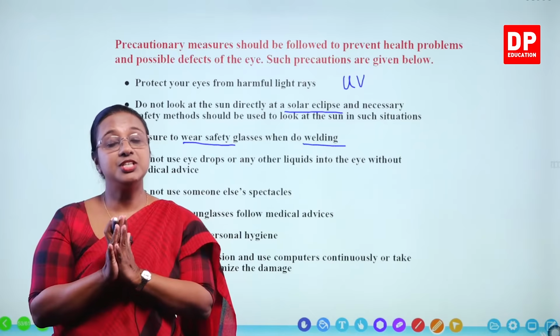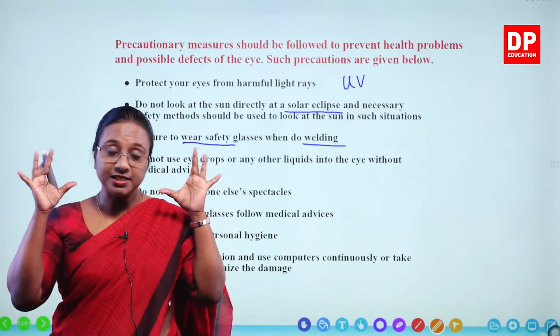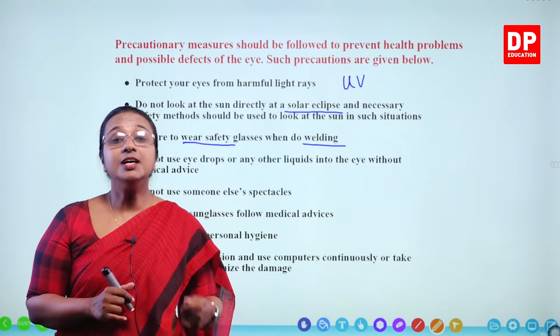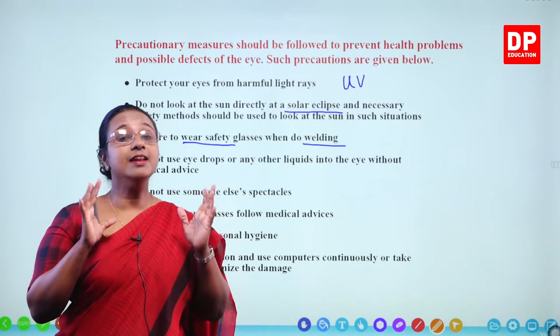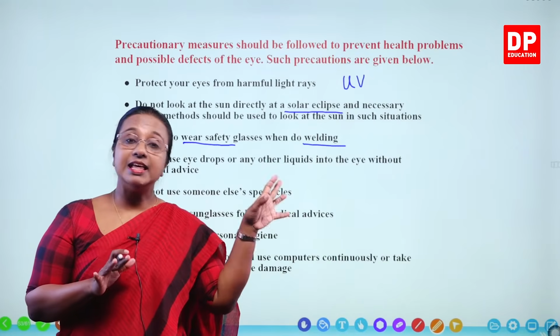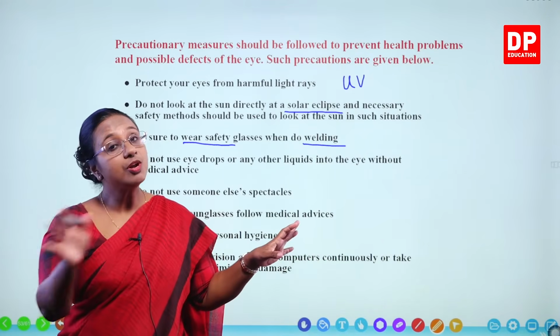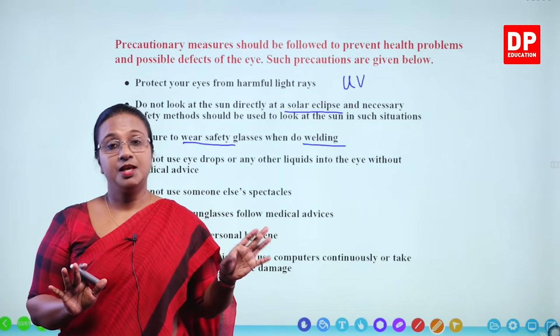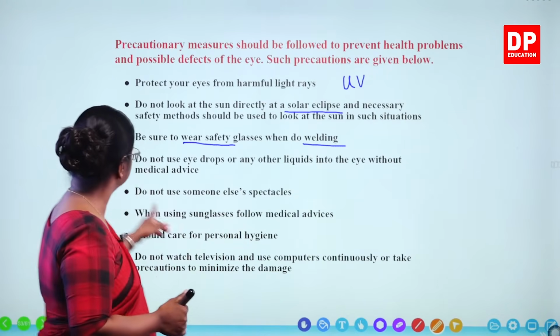Some people do both. They wear the goggles as well as hold the shield. So then their eyes are protected. So when someone is doing welding, they take protective measures. You also should not look at it. So you have to be careful.